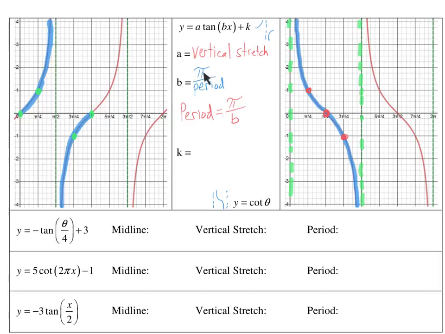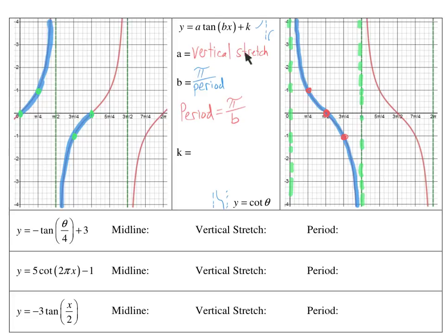What makes this different from sinusoids is that sinusoids have a 2 pi there. What you have to realize is a tangent cycles through twice as fast as a sinusoid. It has 2 cycles in 2 pi, not just 1. So it's a little different, and you have to keep track of that pi.